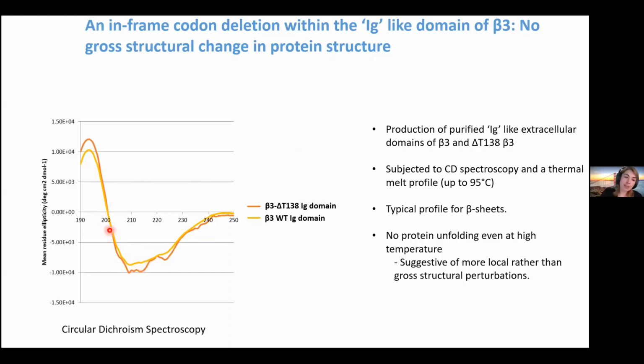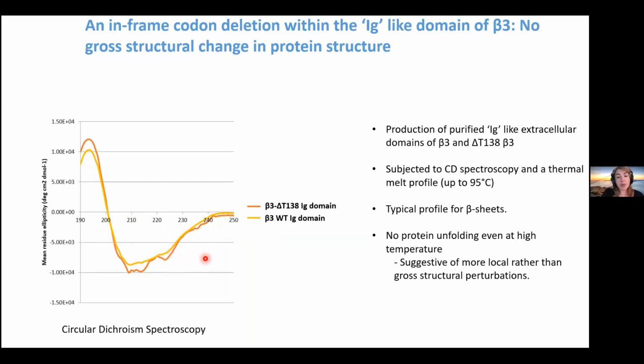If we had something like random coils, we'd get a negative deflection and peak around 195 nanometers, and alpha helices cause a double peak around 205 nanometers and 225 nanometers. So that's characteristic for an immunoglobulin-like structure, and largely that is not affected by the delta T138.